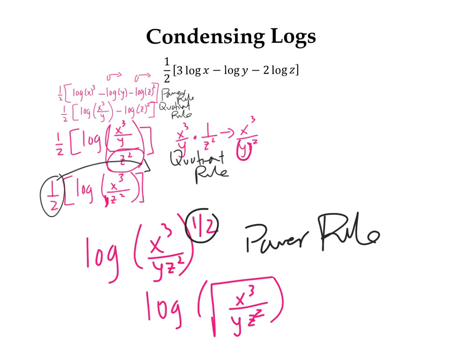These two are equivalent in their ways. Either one will be acceptable. But you definitely don't want to have the 1/2 in the front, right? This 1/2 in the front is not simplified. The log by itself, everything moved out of the way, will get as close and as condensed as possible.